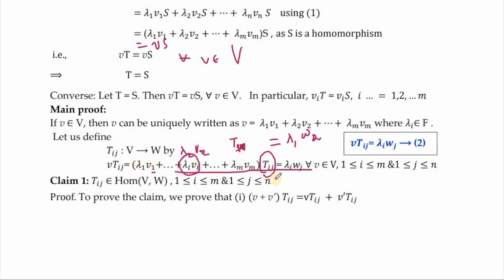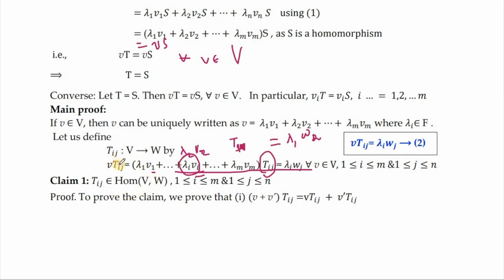So that is how my Tij is described. So you have lambda 1 V1 and so on, this lambda m Vm, Tij, only when I have this suffix and the first suffix to be the same. It will leave lambda as such and Vi will be changed over to Wj.